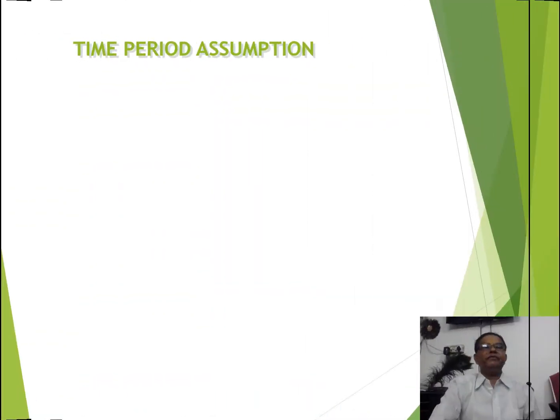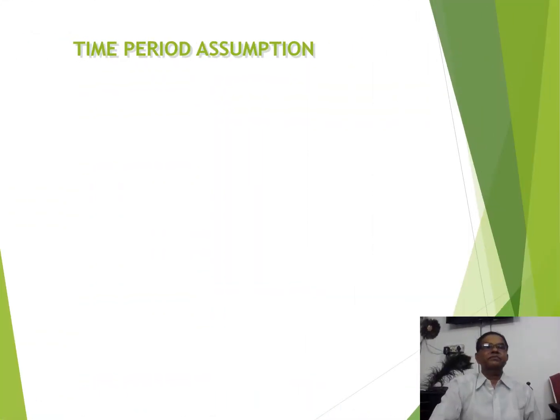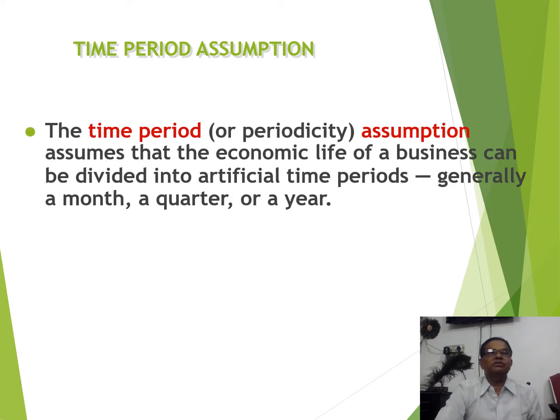My dear friend, the next one is very important for the adjusting entry, that is time period assumptions. Time period assumptions discuss the economic life of the business. The whole life of the business is divided into a month or a quarter or a year. Usually we take one complete year, either January to December or April to March.